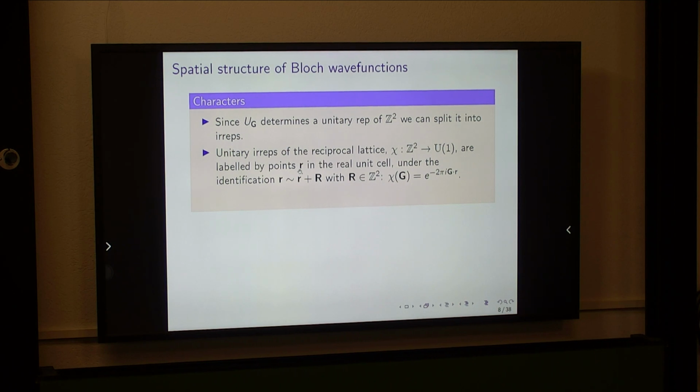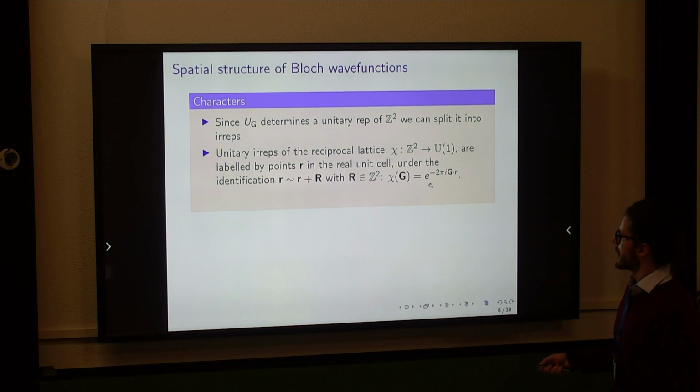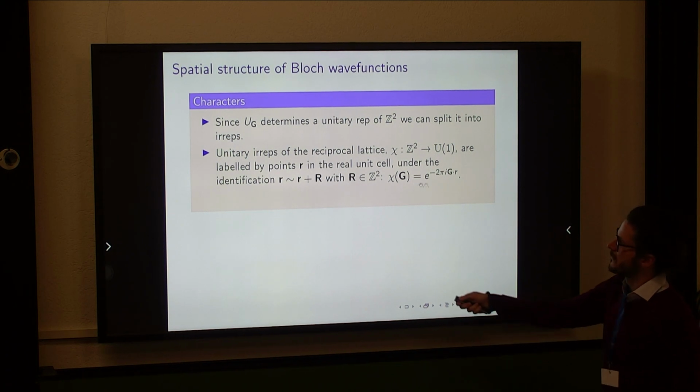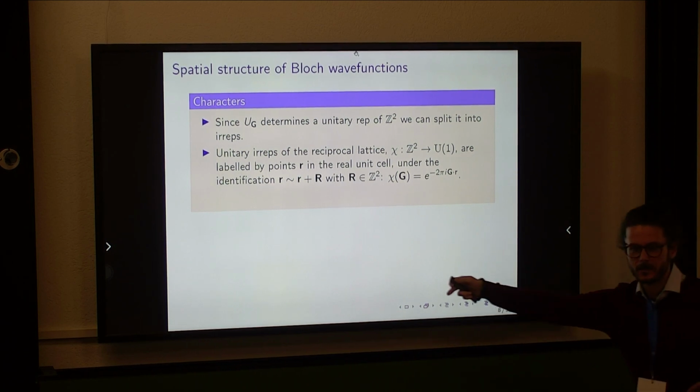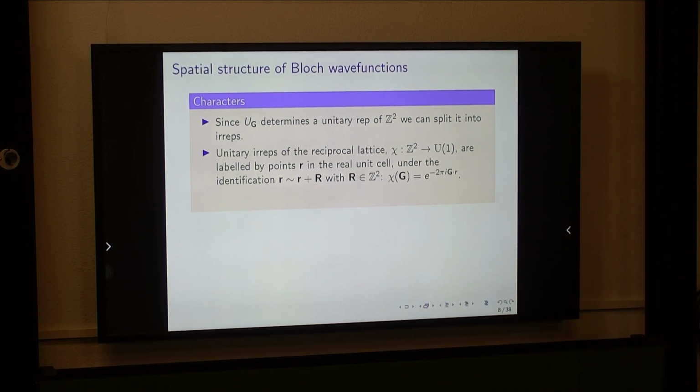And they are labeled by points in the real unit cell because you can write them like this, and you see that if I take r and I sum with a capital R in the real space lattice, I get back the same character. Okay? So the real space structure of the Bloch wave function will come once I decompose my representation into irreducibles. Okay? Continue.